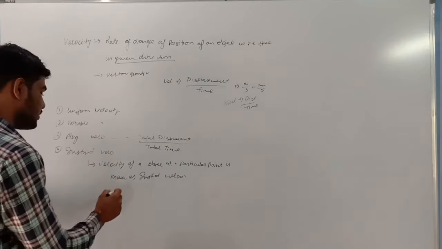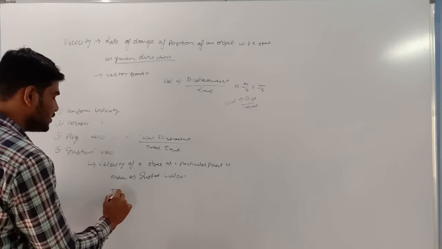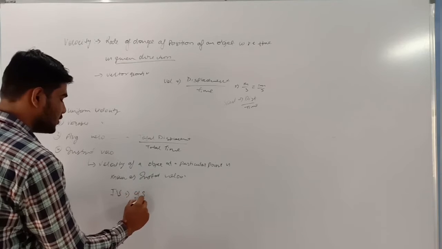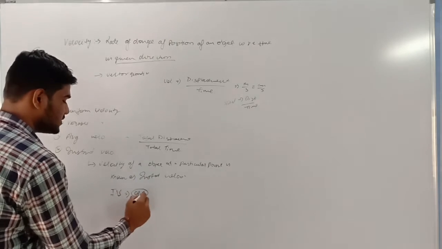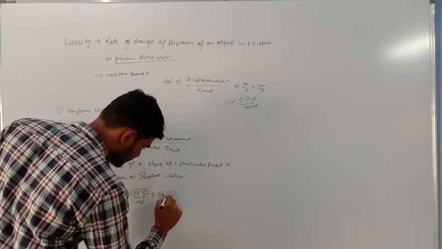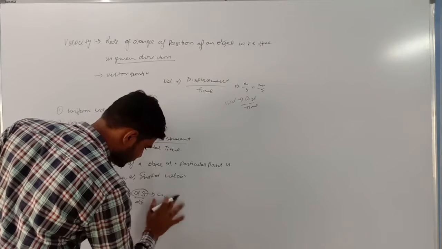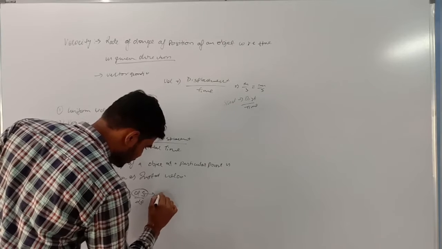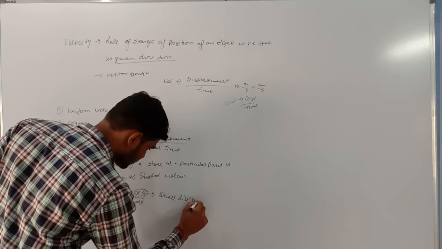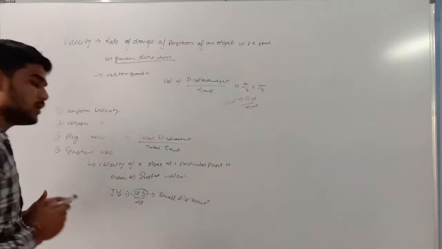Okay, here the instantaneous velocity formula will be ds upon dt, where ds is the small displacement or change in displacement.